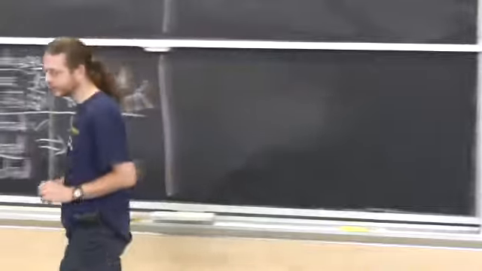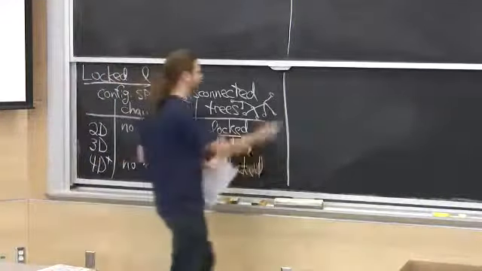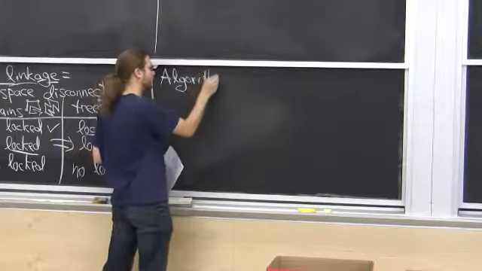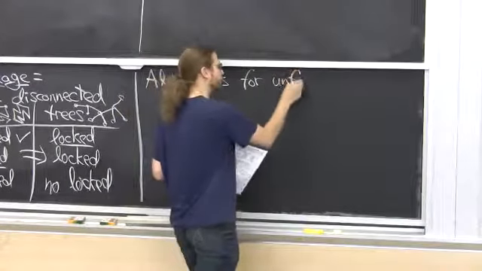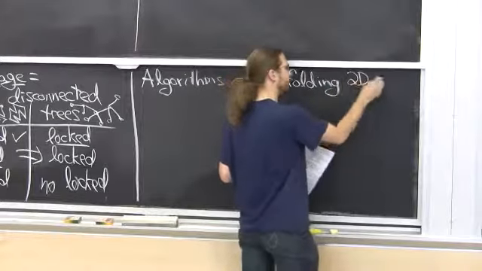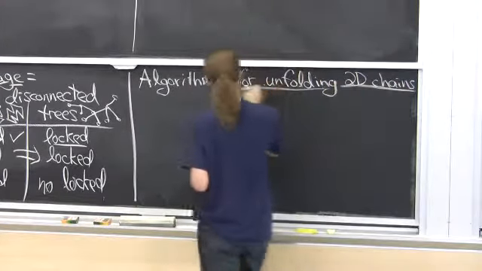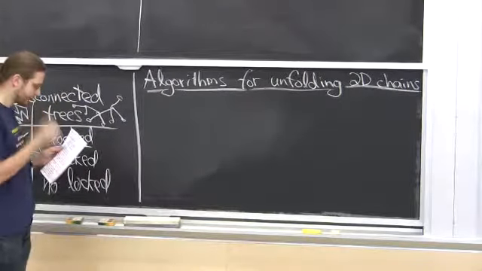But how do we actually find such a motion? And this has been the subject of some study. There are 3 algorithms for doing it. So we'll call this unfolding 2D chains. Unfolding being the goal of straightening or convexifying.